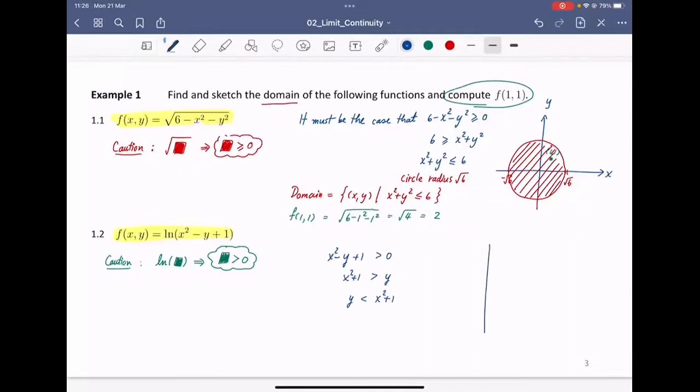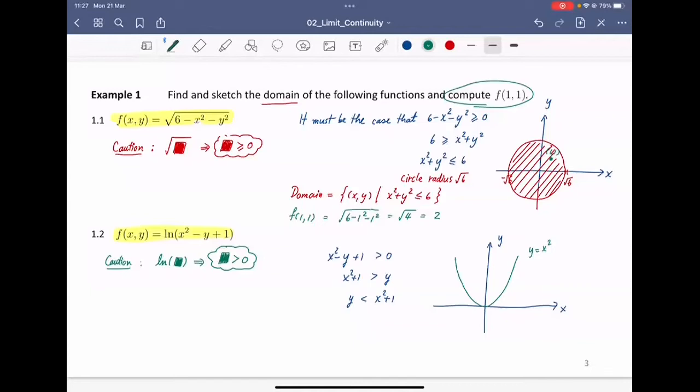Everyone knows this is a parabola, right? For those of you who don't know how to graph this, you can draw y equal to x squared first. I'm going to use the green pen to draw y equal to x squared. If you want to draw y equal to x squared plus 1, how would you do it?